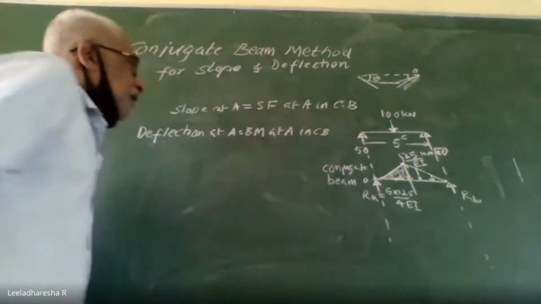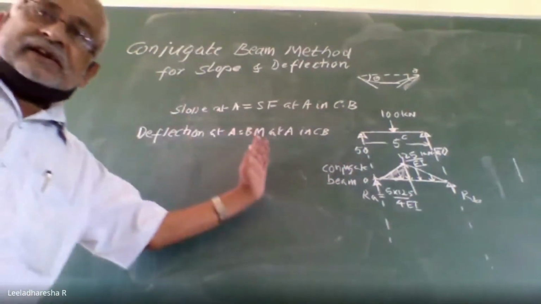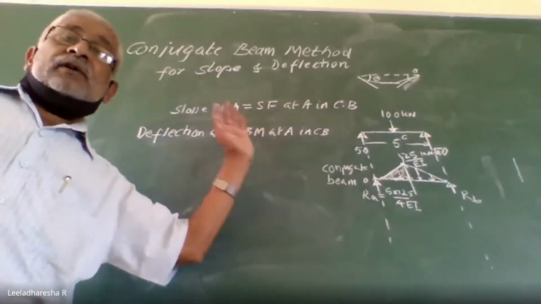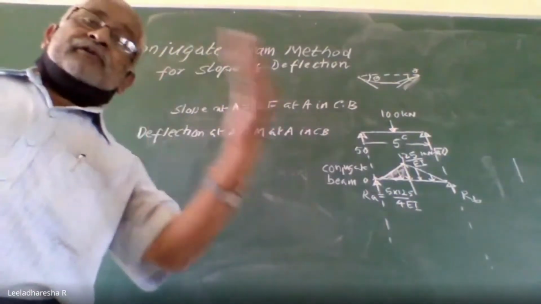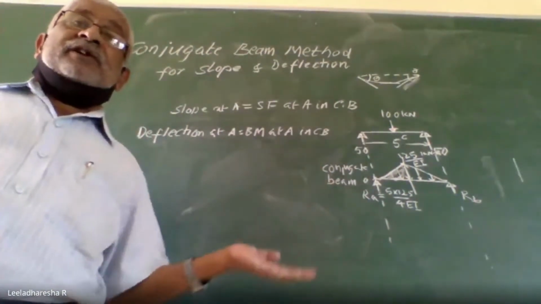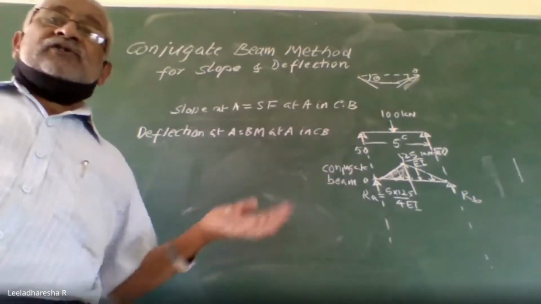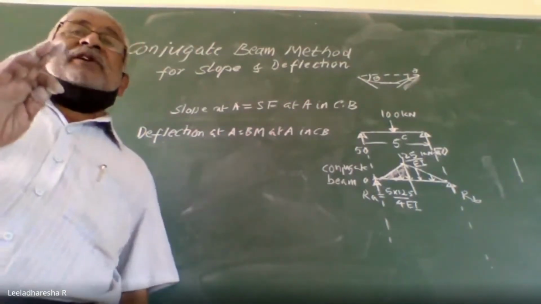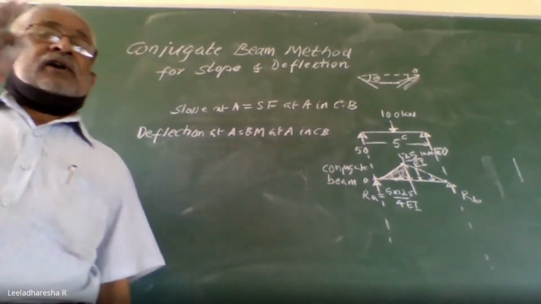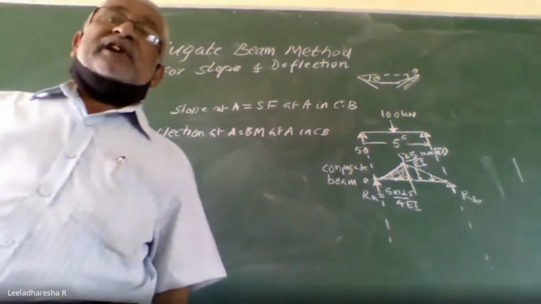Once again, check the relation. This is what you need to remember before we go into the flexibility matrix, because this basic concept is adopted in the matrix method of analysis in the flexibility method.